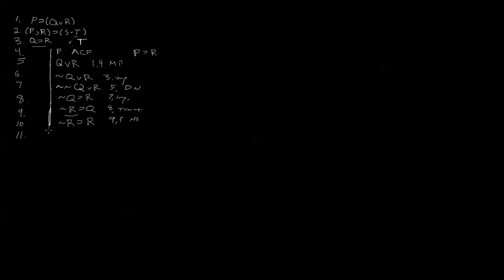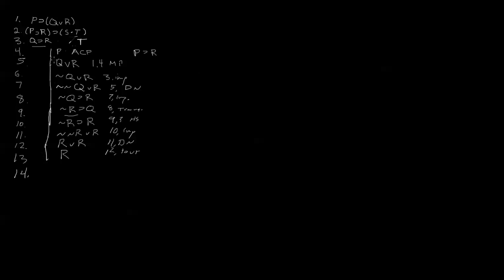Then I'm going to use implication again, not not R or R. This is from 10 implication. Then 12 double negation on 11. Then 13 I'm going to use tautology on step 12.